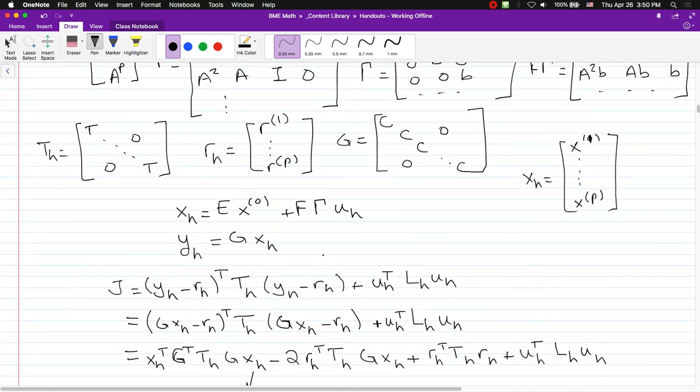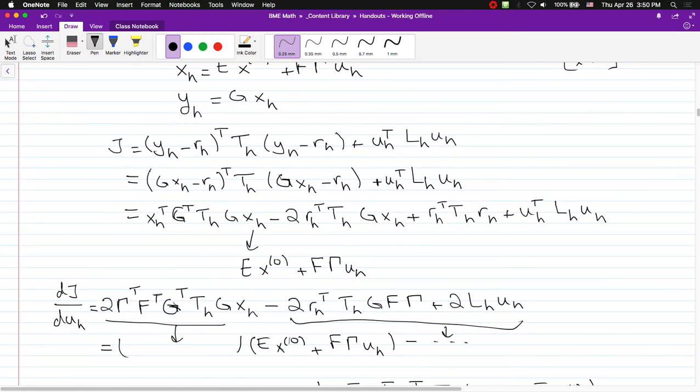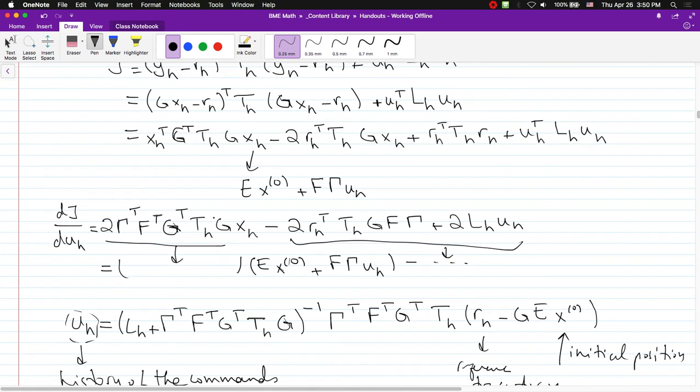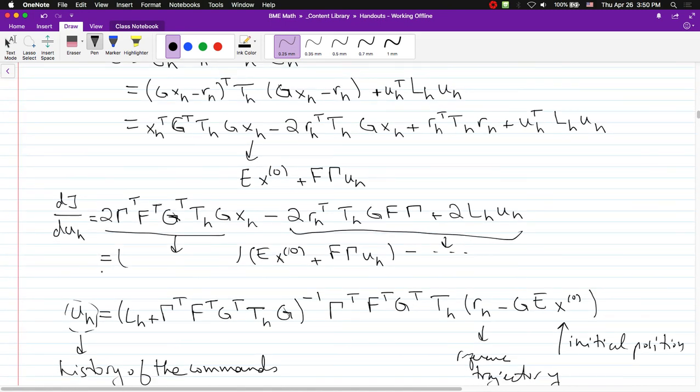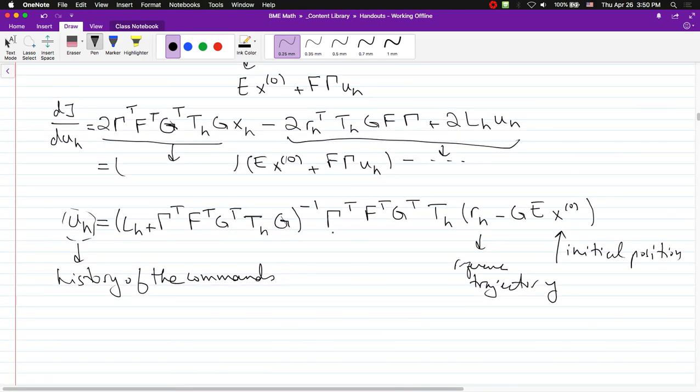Here's that history. Then you write your cost in terms of the history of the input, u. Then you find the derivative of that cost with respect to u. And in the case of the quadratic regulator systems, you can solve for u and you get the commands. And that's how the reference trajectory is transformed into the command history u.